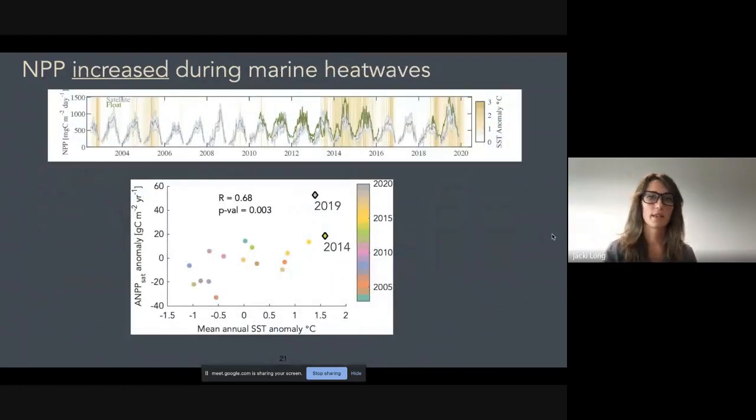Okay, so looking back at that same time series as before of NPP, now I've just added an indicator of SST anomaly, which is not super robust. It's actually just based on taking the monthly climatologies of this time series that you see here from MODIS satellite SST data.